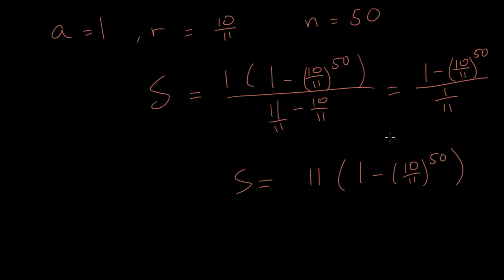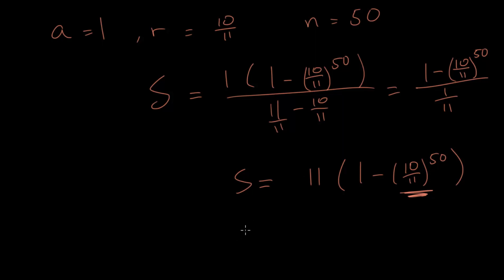Now, this right here is technically our answer, but if we want a decimal value, we will have to figure out how to multiply this out. And if we do it by hand, that is quite complicated to do and very tedious, but we can just use a calculator at this point.